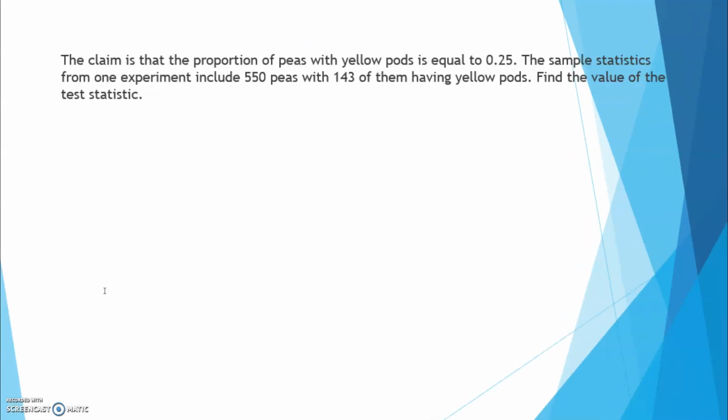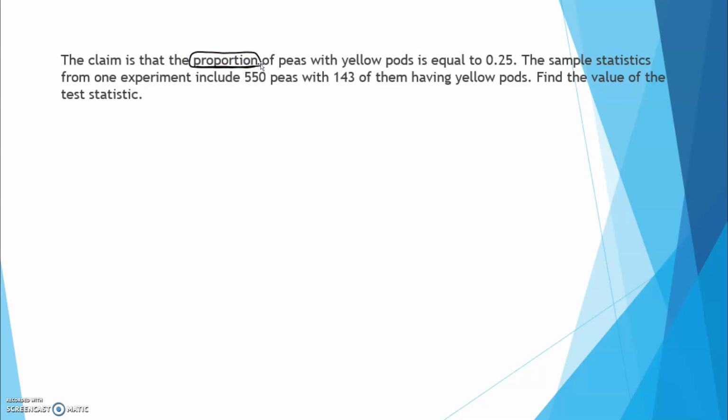Okay? So the claim is that the proportion of peas with yellow pods is equal to 0.25. The sample statistics from one experiment include 550 peas with 143 of them having yellow pods. Find the value of the test statistic. Well, it says proportion of peas.